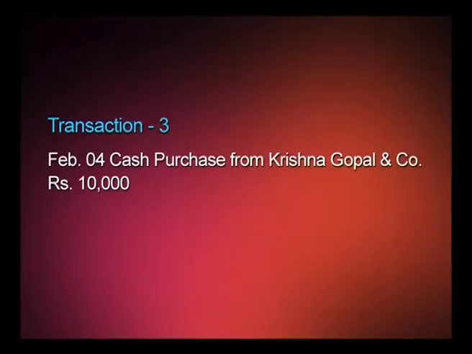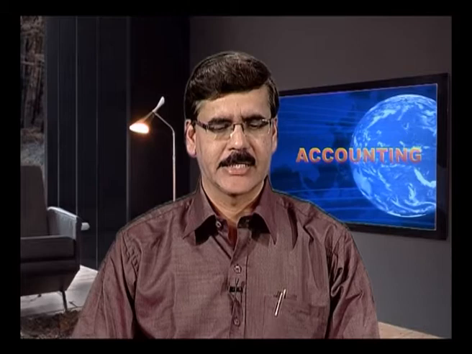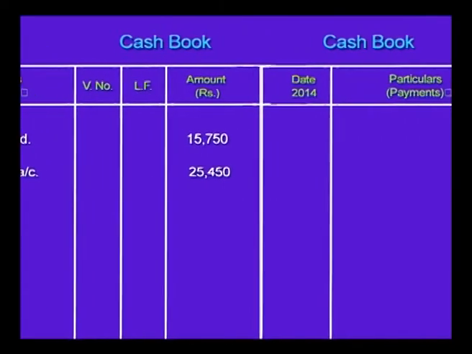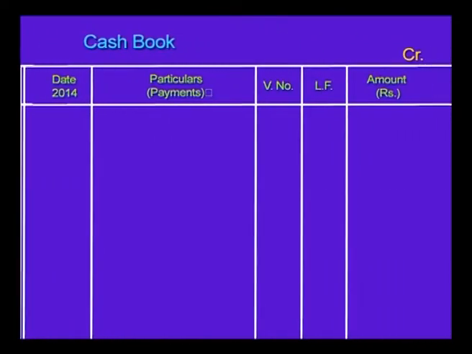Let us move to our third information. It is for February 4th and it says cash purchases from Krishna Gopal and Company for rupees 10,000. Now, this is a purchase. So, that means you have to pay money, that means payment is there. So, we need to move on to the other side, the right hand side, credit side.